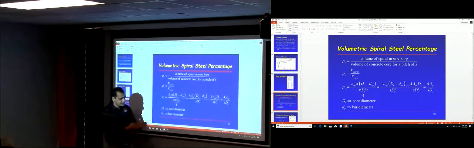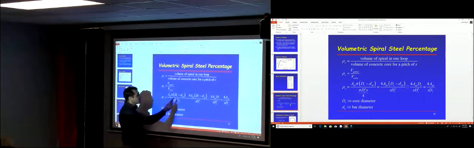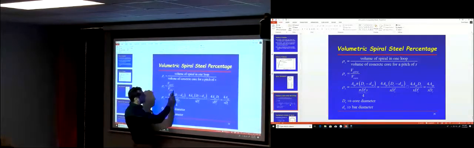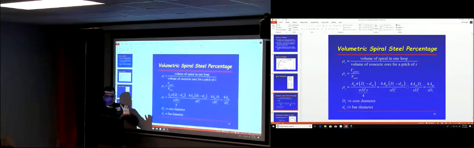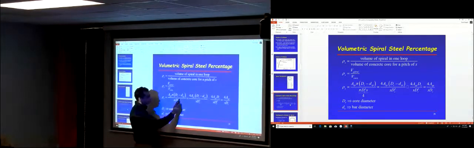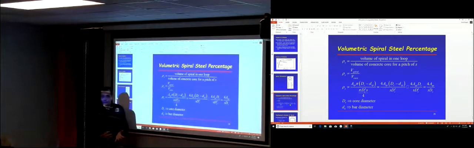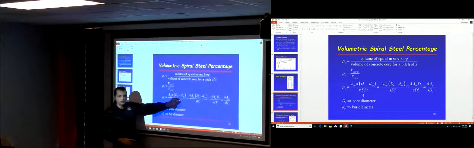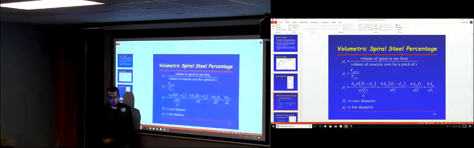Sorry, this d c is to the center of the stirrups, okay? Minus d spiral, divided by the V core, the volume of the core, which is S, the spacing, multiplied by the area of the core. So S multiplied by the area, which is pi d squared divided by 4. Okay? That's the volume of the steel divided by the volume of the concrete in just the distance of S.